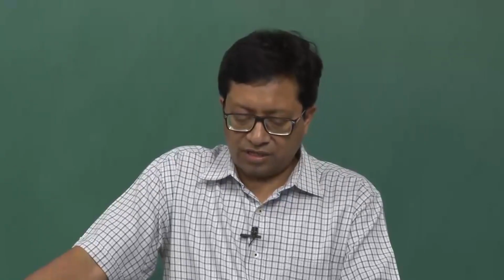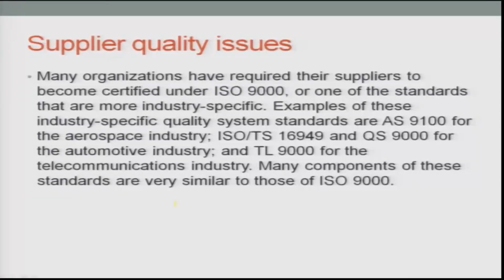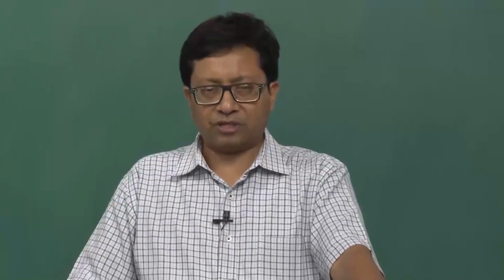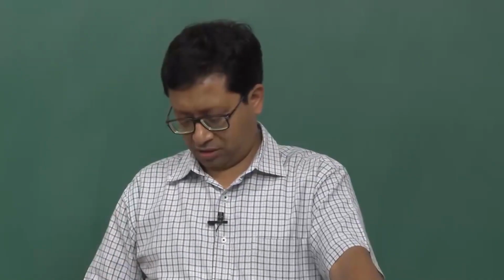Examples of these industry specific quality system standards are AS 9001 for aerospace industries, ISO TS 16949 and QS 9000 for the automotive industry, then TL 9000 for the telecommunication industry. Many components of these standards are very similar to ISO 9000, which is the base set of rules and regulations based on which the quality improvements and the quality structure are analyzed, or some plan is made which the companies can follow accordingly.